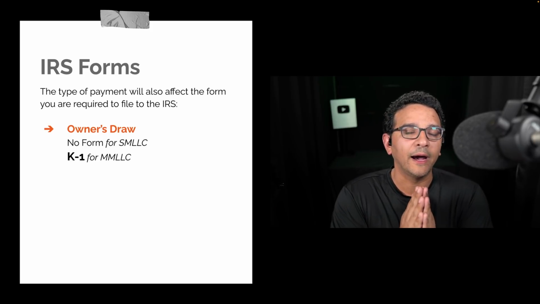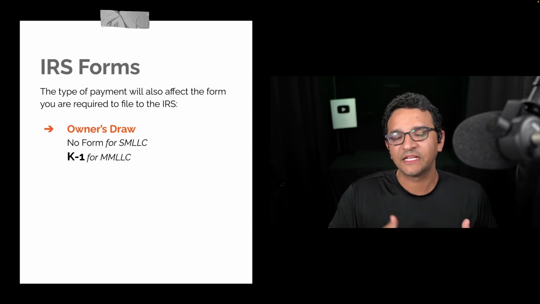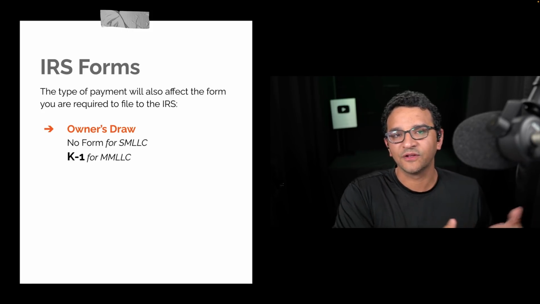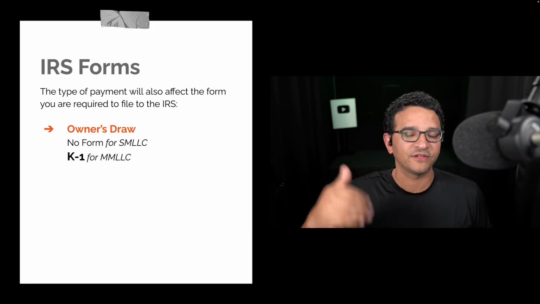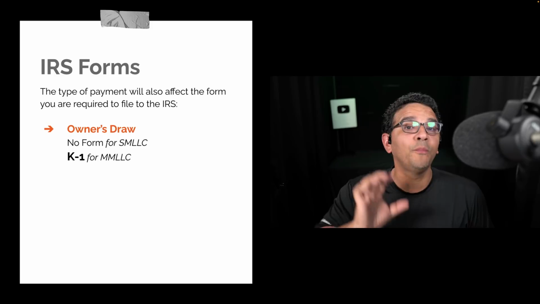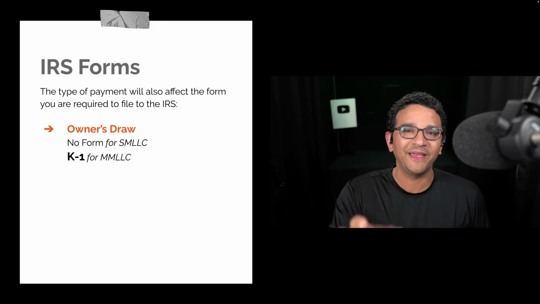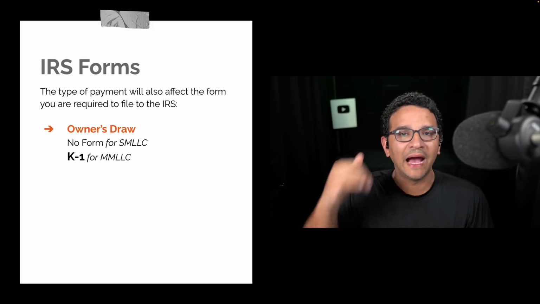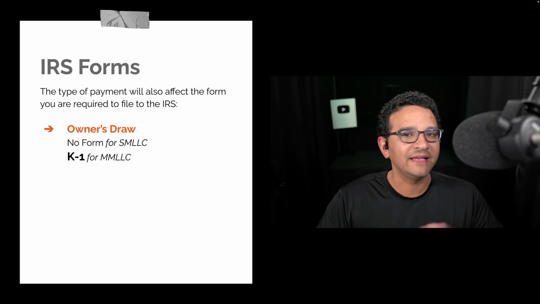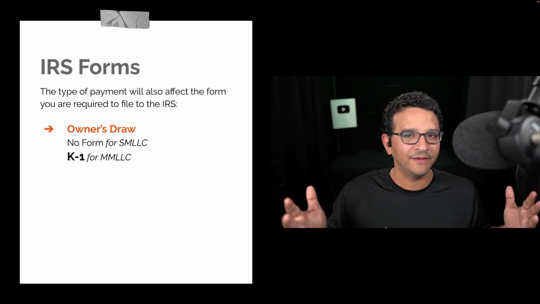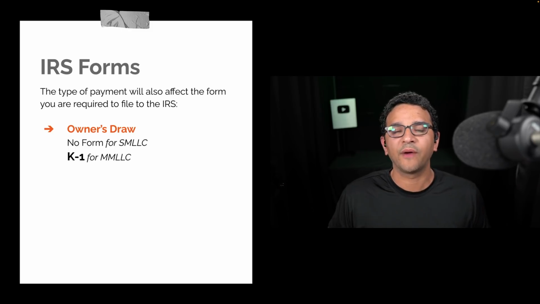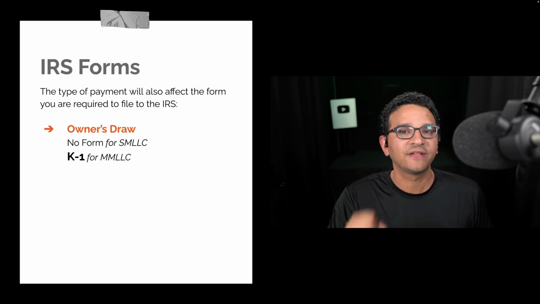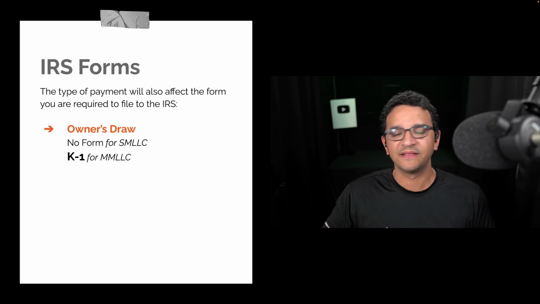When you report the income and expenses of your single member LLC, that's going to go in your personal tax return, and the amount you paid yourself or didn't pay yourself is not reportable. Only thing you report is income and expenses. So single member LLC, easy, nothing to worry about. If you didn't make any special elections, there's no reporting requirements. You just have to, in your Schedule C, put your income and expenses, and that's it.